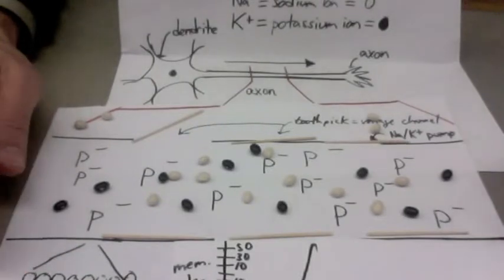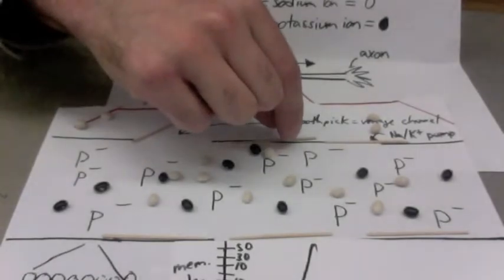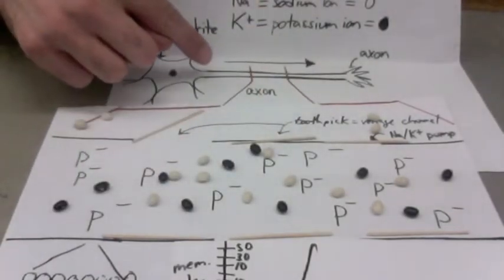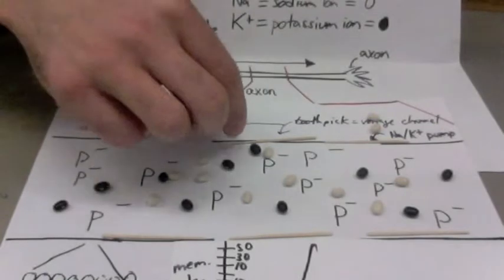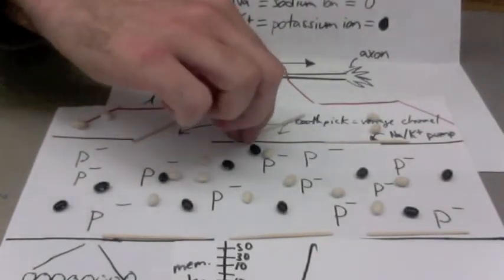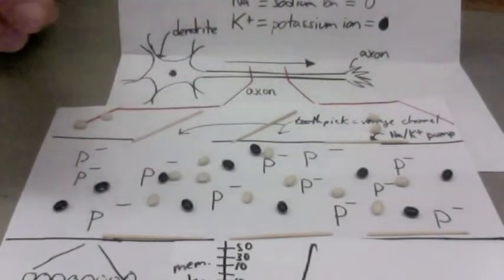Now, this positive 50 millivolts is also important because in addition to propagating the electrical message down the length of the axon, it also opens up the potassium channels.